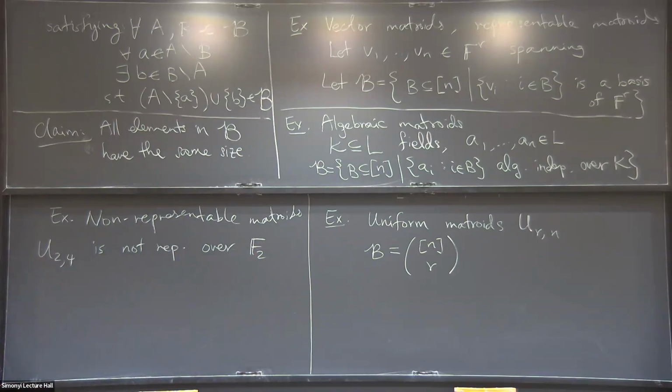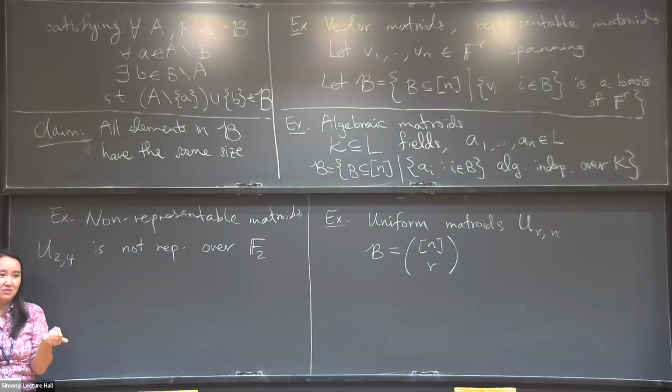Yeah, does anyone see that? Right here, we're looking at a 4-element ground set. To be representable, we're looking for 4 vectors in F2 squared, because this 2 means that every basis has 2 elements, right? So we're looking for 4 vectors in F2 squared, where every pair of them forms a basis.